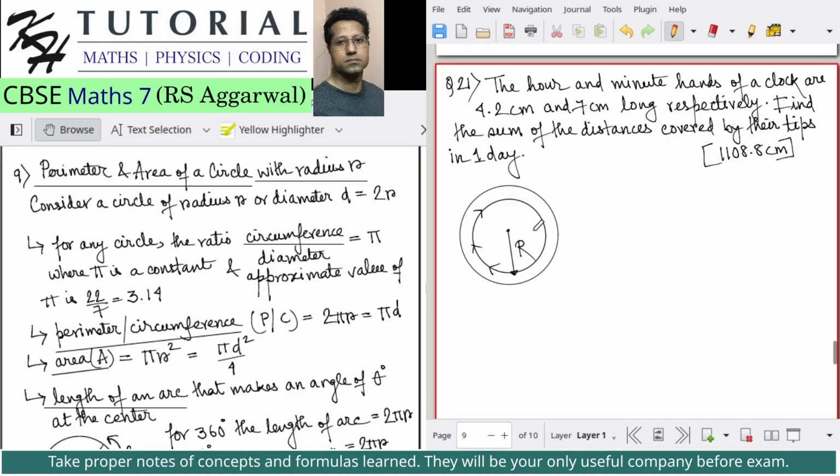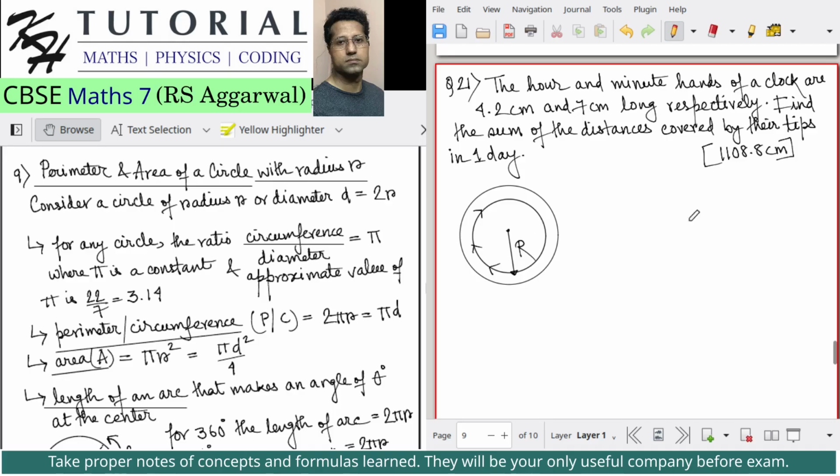And how many 12 hours are there in one day? There are two 12 hours. So in one day, that is in 24 hours, the hour hand will complete 2 revolutions, that is, it will cover a distance of 2 times the circumference of the circle.